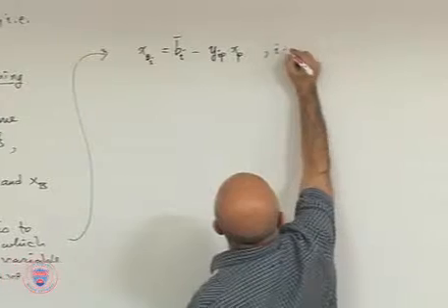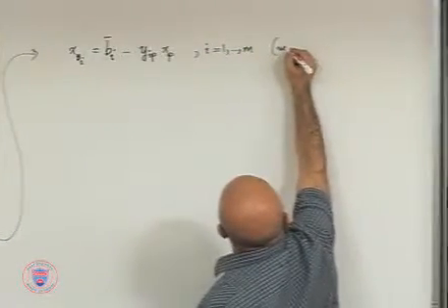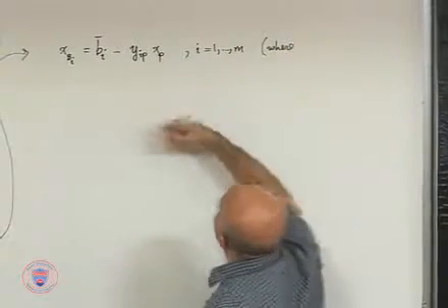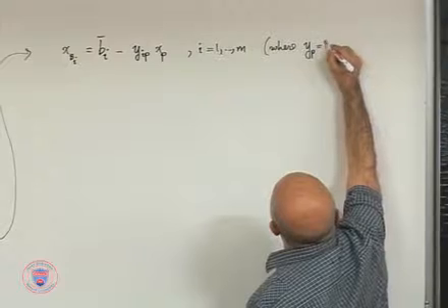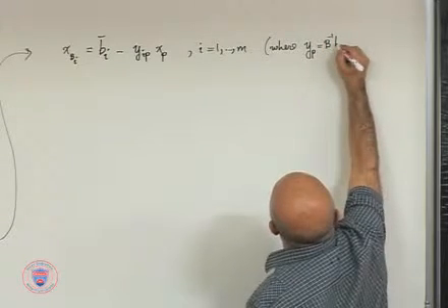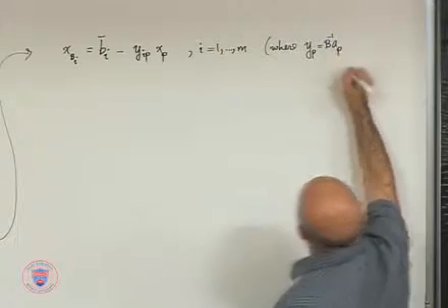This is written out for i equals 1 up to m, where the y_ip are defined by this vector. y_ip is the vector B inverse a_p.